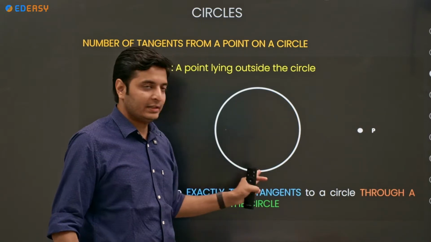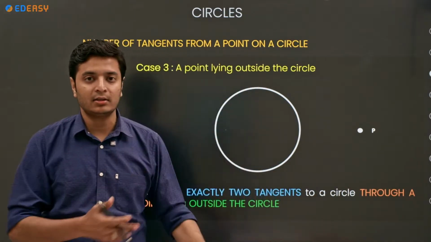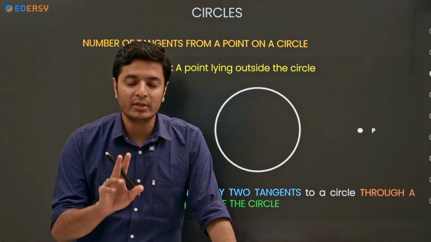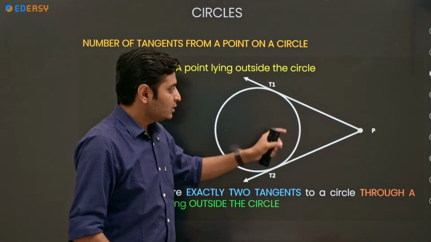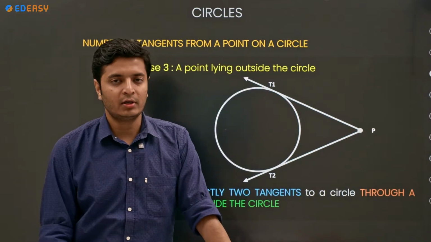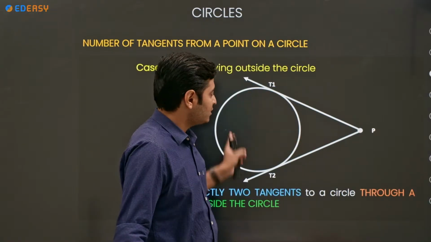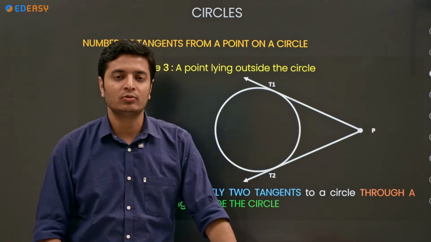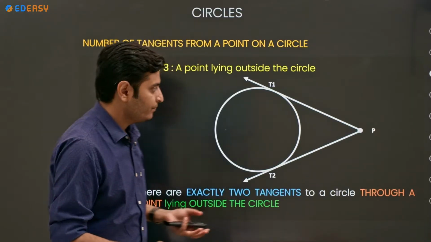So if a circle is given and the point is lying outside the circle, then there are only two tangents possible, like this. Every other line you create will be meeting this circle at two points, or it will not meet the circle at all.